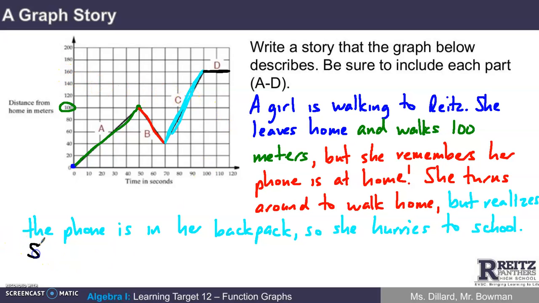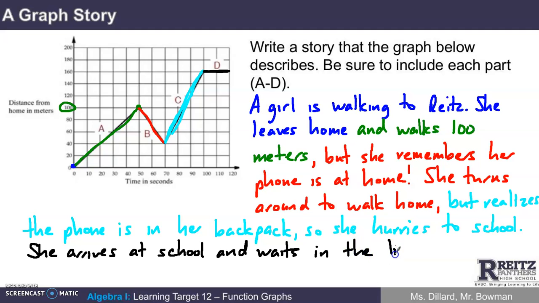So she arrives at school and waits in the line. And during that time, her distance from home isn't changing.